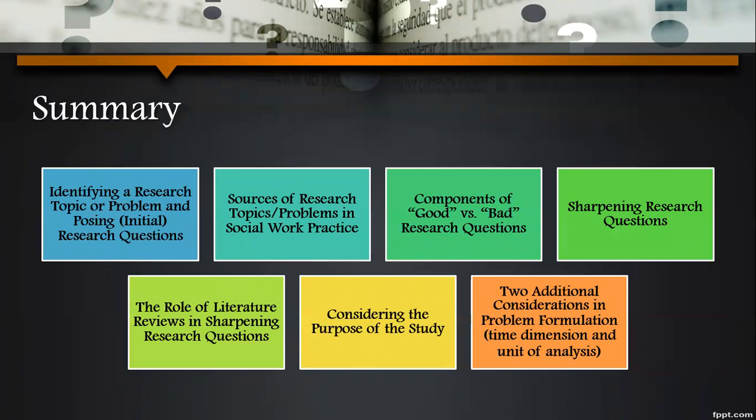So in summary, we have discussed in this video lecture several topics, which include identifying a research topic or problem and posing research questions, sources of research topics or problems in social work practice, components of good versus bad research questions, sharpening research questions, the role of literature reviews in sharpening research questions, considering the purpose of the study, and finally, 2 additional considerations in problem formulation, which included the time dimension and units of analysis.